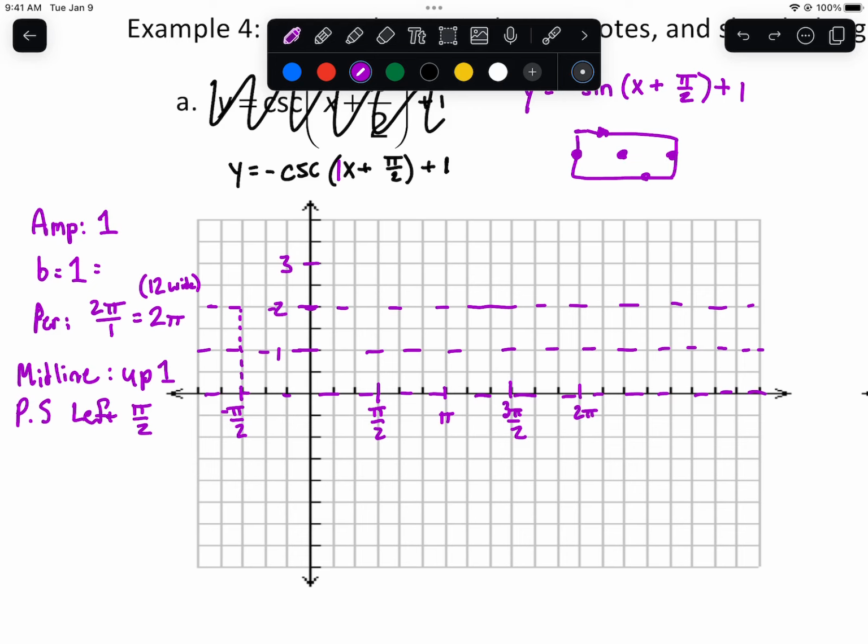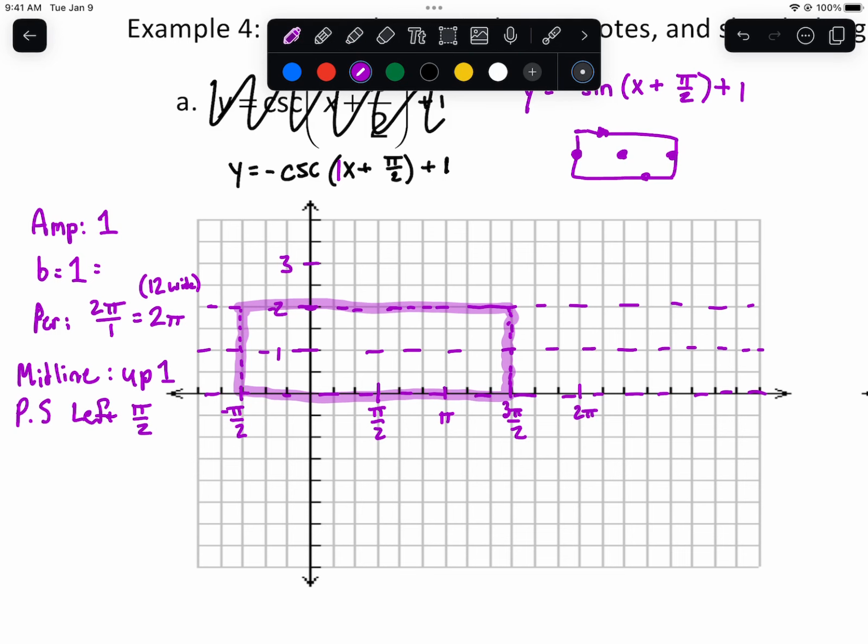I'm going to count that up here. I think that would end over here at 3 pi over 2. So you can kind of see it here. I'll highlight for a second and then I'll erase the highlighting. But that is our box that we want to fit our sine graph.